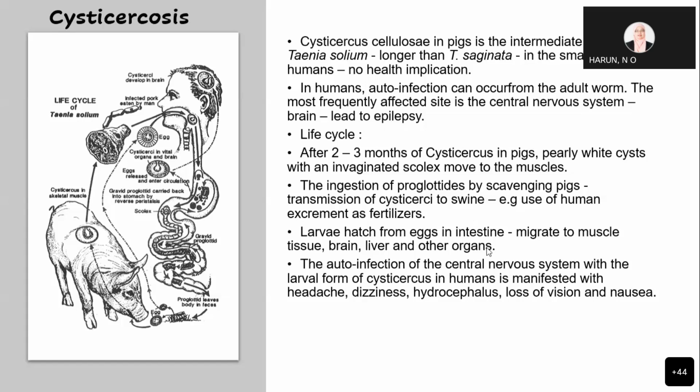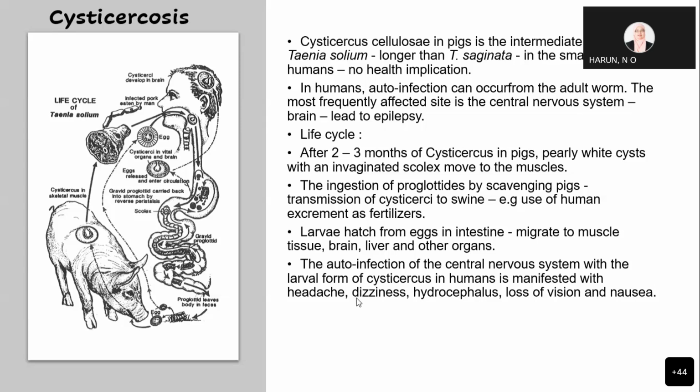Larvae hatch from eggs in intestine, migrate to muscle, especially tissue, brain, liver dan juga other organs. So bila dia dah cover, dia dah migrate and invade every single organ or muscle of the humans, so what are the ataupun where are the parts of the humans yang akan tak been invades? So that's why towards the end they can cause death.